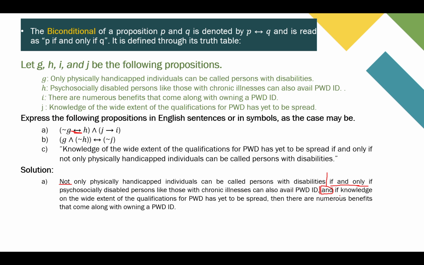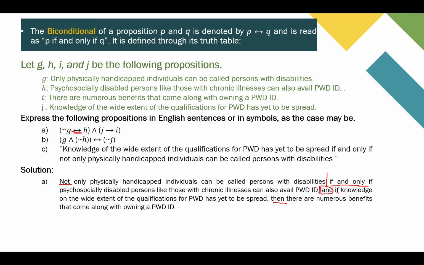So, we have an if here, and then, because we have this conditional logical operator. If knowledge on the wide extent of the qualifications for PWD has yet to be spread, that is proposition J, then there are numerous benefits that come along with owning a PWD ID. So that is proposition I. Okay, I hope you get this example.